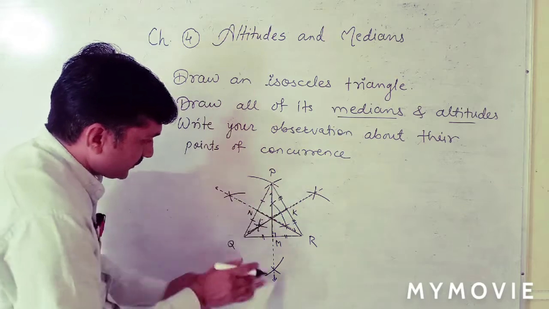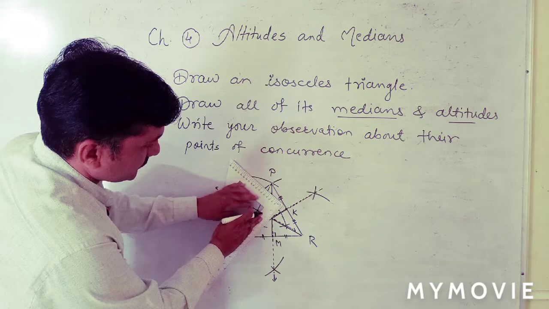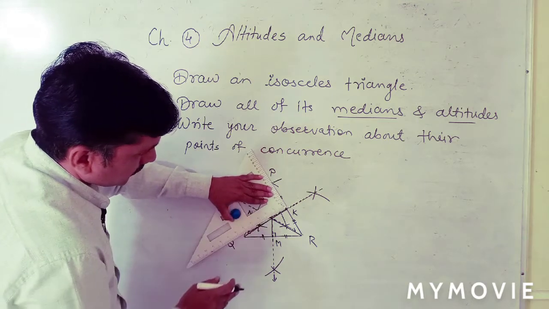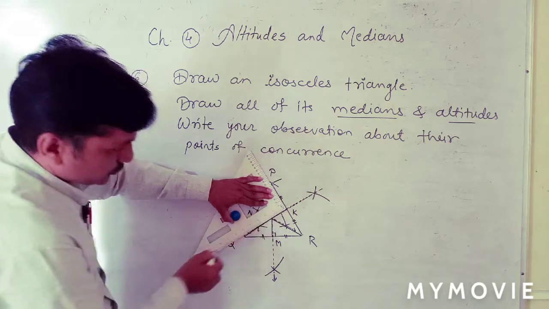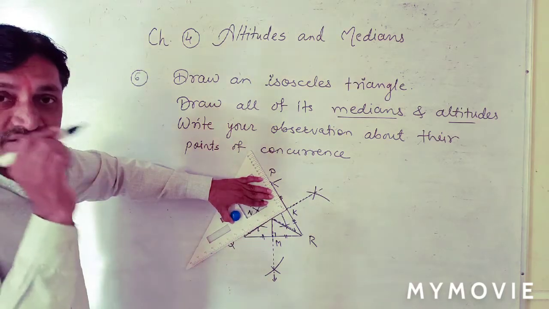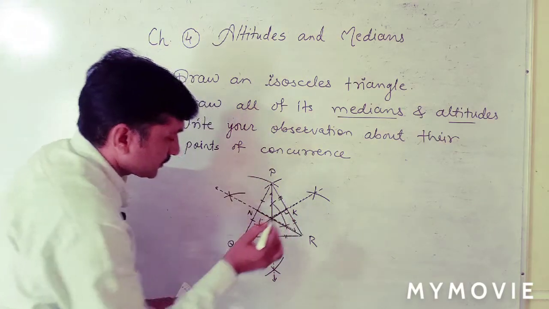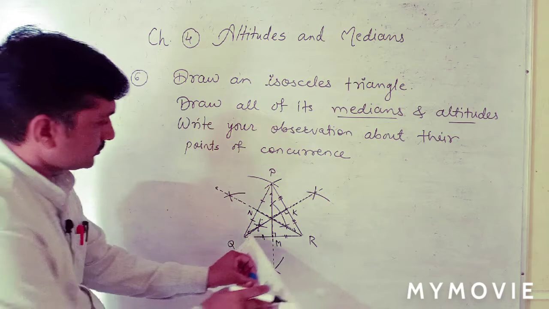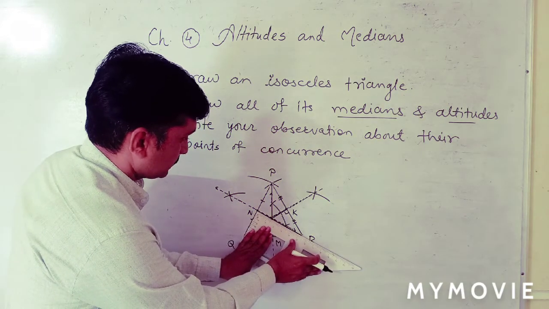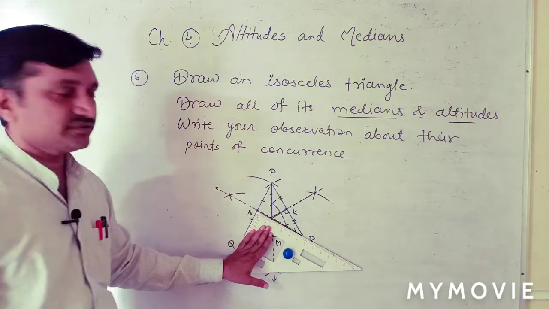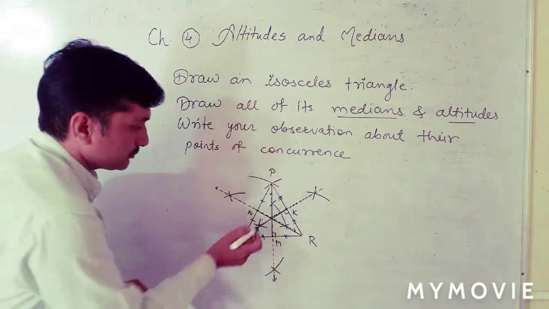Let's check this, K. PK is the base of the triangle and the vertex should come at this point. If you adjust here, it is also a median and at the same point we get the altitude, meaning 90 degrees. Check this also, R at this base on PQ and the vertex here at the same point. Median means midpoint, and altitude both are coming at the same point.